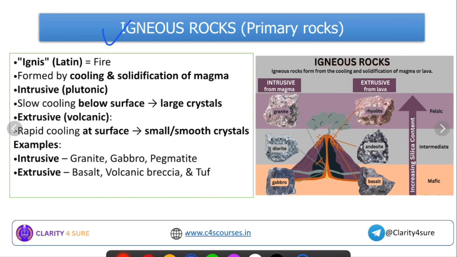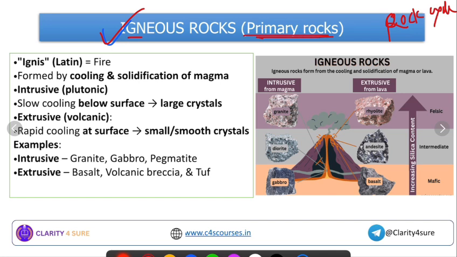Let's start with igneous rock. Igneous rock is the primary rock because the rock cycle starts from igneous rock. It is made up from the core of the earth, that is volcanic magma, lava.